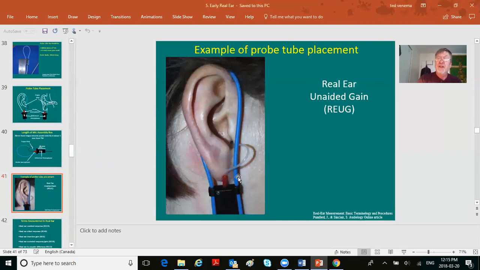Or rather, sound isn't coming out, it's going to affect the sound being picked up by the mic here. This mic in red, underneath this red thing, there's a little post. That's a microphone. And your probe tube is stuck on the end of that mic in order to pick up the sound at the eardrum, the aided sound at the eardrum, or the unaided sound at the drum. And that unaided sound has to come through this tube and come into that mic.